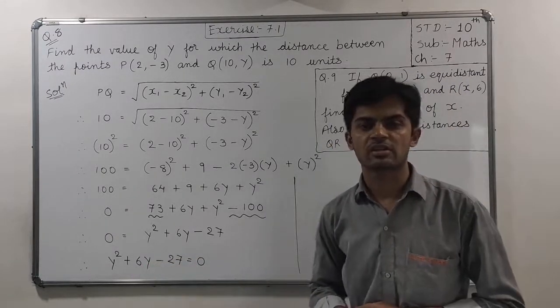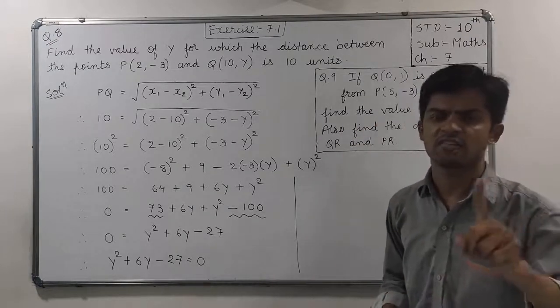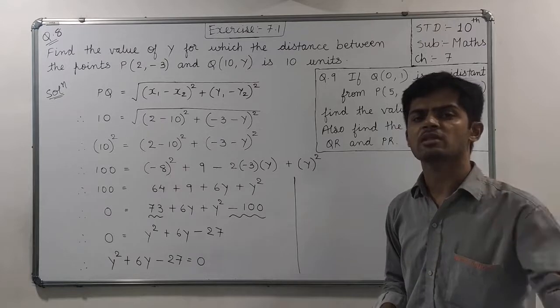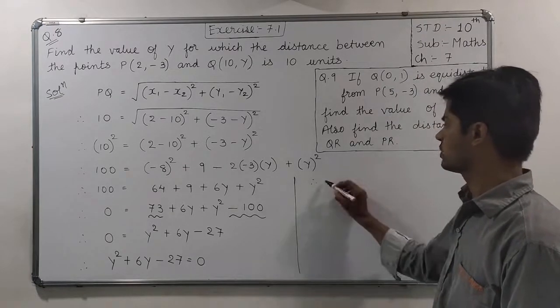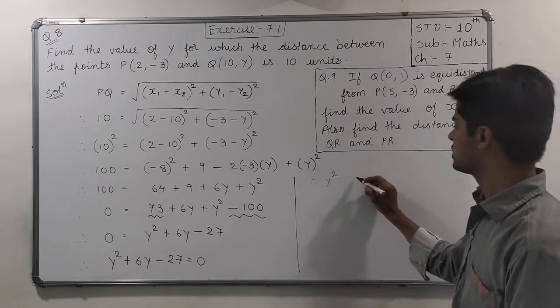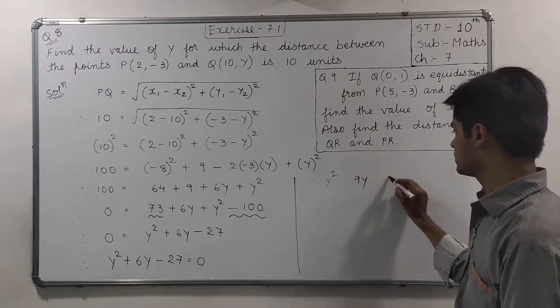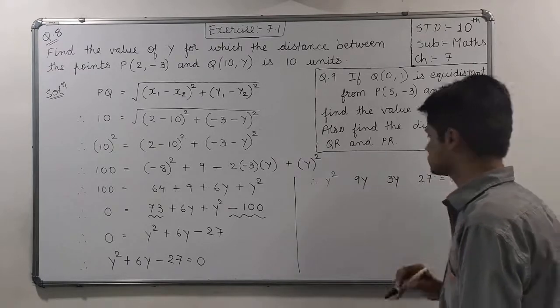Which are the two parts? 9 3s are, yes, correct. 9 3s are 27. 9 minus 3 you will get answer 6. Okay, so therefore y square, फिर बाद में क्या आएगा? 9 3s are 27 is equals to 0.